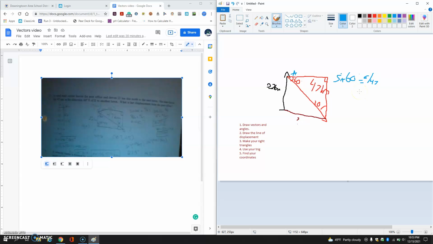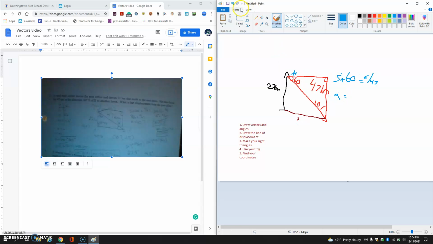Okay. So you get your trig. You take angle A, plug it in with sine, equals A, which is this side, over 47. Okay. So then you just do the math.